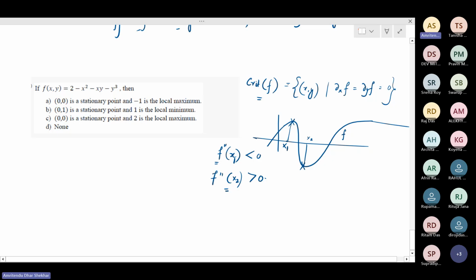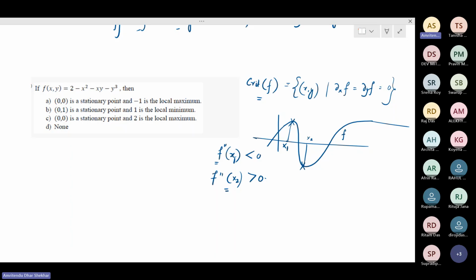Now, what happens? Essentially, what we're doing is that from the first derivative, it is not possible to determine whether a critical point is a maximum or minimum. You have to take a second derivative. All right. And why do we have to take a second derivative?